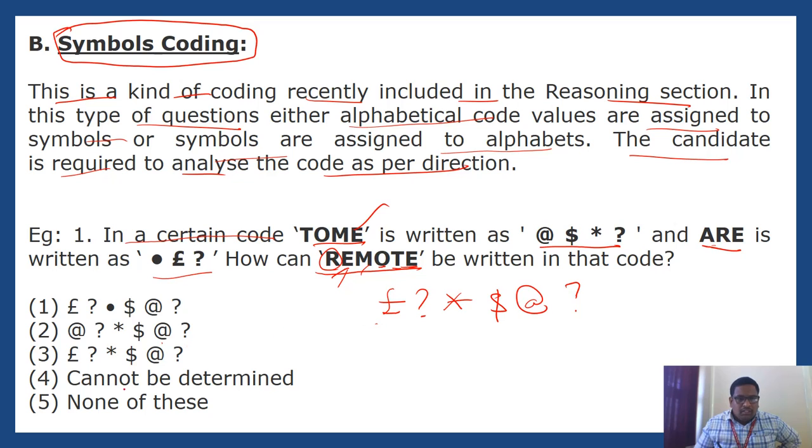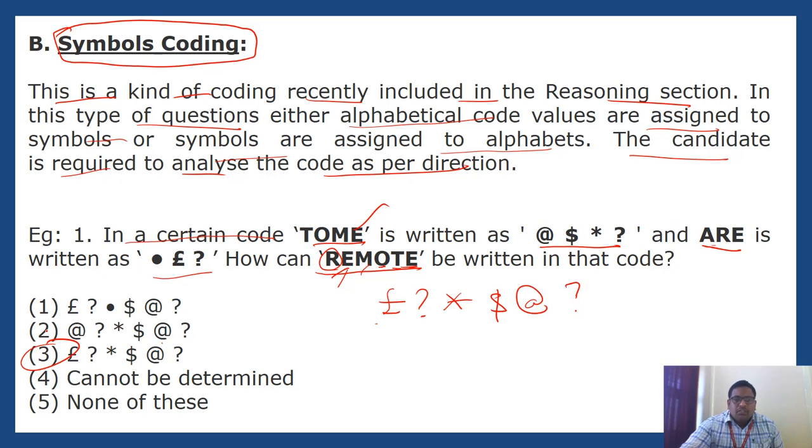So compare this with the given options, and I feel the third option is the correct answer. Clear? So it's quite easy. You just have to compare, and because it's an online exam, ensure that you have a good rough sheet. Write down without any mistakes, or try to observe it and write the answer. Clear? Most of the answers can be answered without pen and paper, but still practice is important.